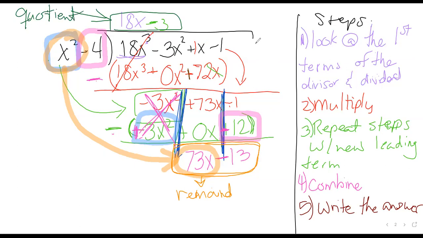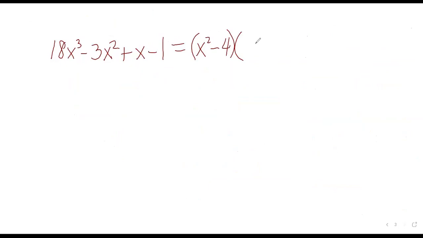All right, so now I get to write that in over here. So that's 18x minus 3. And now I add. When we did the notes in class, I told you guys the way to write the remainder is the remainder over the divisor, but you don't actually have to do it that way.